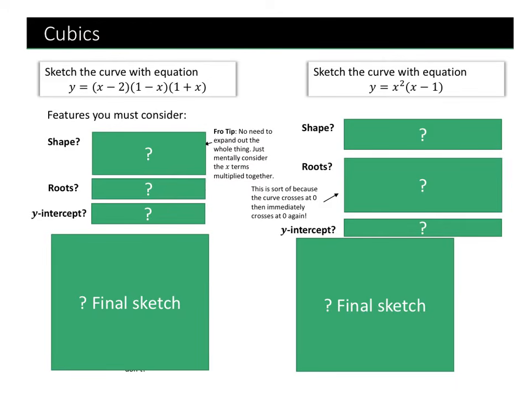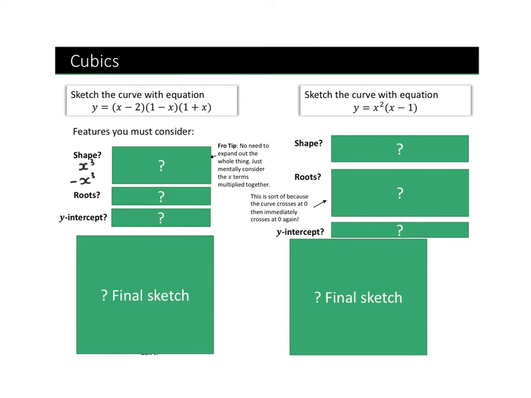Now, step 1, we need to know the shape. To find out the shape, we need to know, is it a positive x cubed or a negative x cubed? We know a positive x cubed starts in the bottom left, so it's going to look like this.